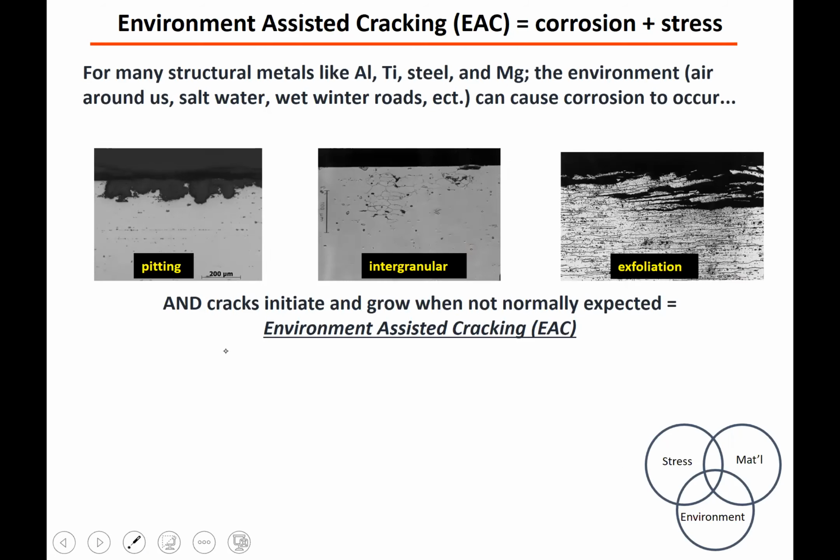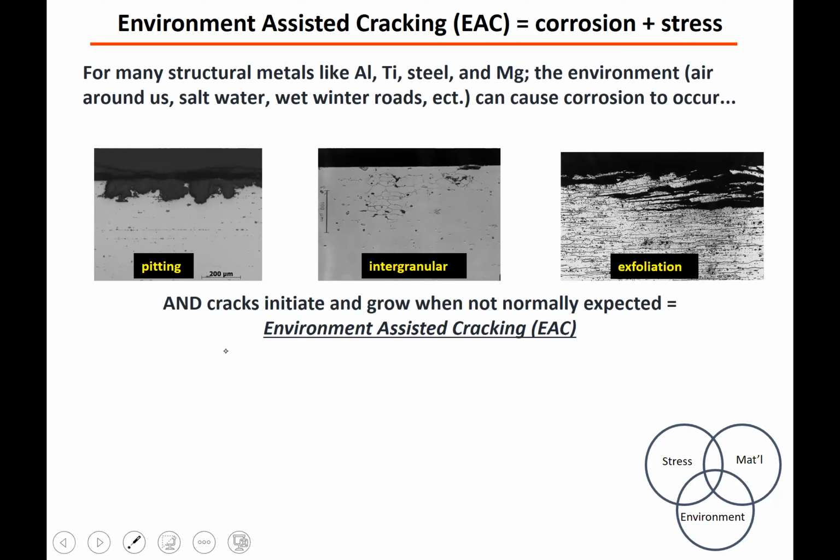Okay, let's get to environmentally assisted cracking, because this is quite important in some of the examples that you see. Here, we've talked about how we use aluminum, titanium, steel, and now lightweighting of material, so using magnesium. The issue, of course, is corrosion.